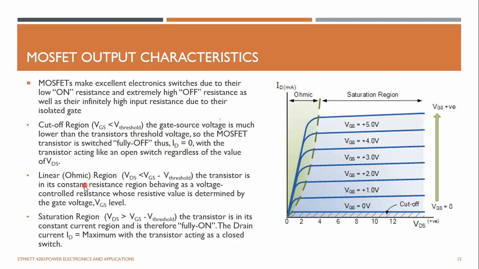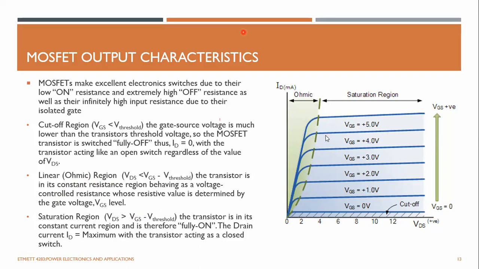In the linear region, where VDS is less than VGS minus the threshold, the transistor is acting in the constant resistance region and behaves like a voltage controlled resistance. These points of the transistor we can consider as the linear region, the ohmic region.